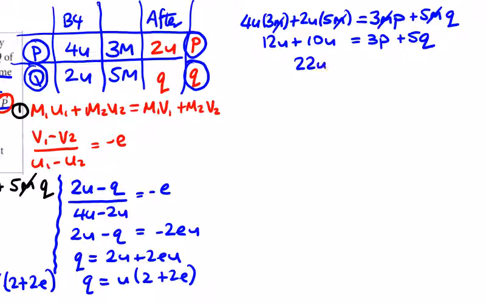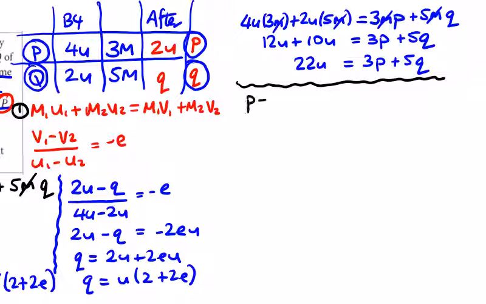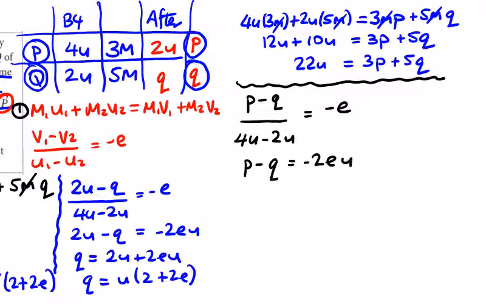So 22u is equal to 3p plus 5q. So we have three unknowns in this equation. So let's see what happens with our next one. v1 minus v2 is going to be p minus q over u1 minus u2. 4u minus 2u is going to be equal to minus e. So p minus q is going to be equal to minus 2eu.